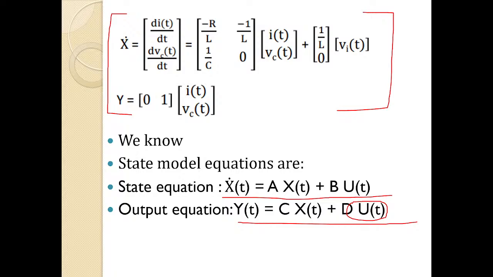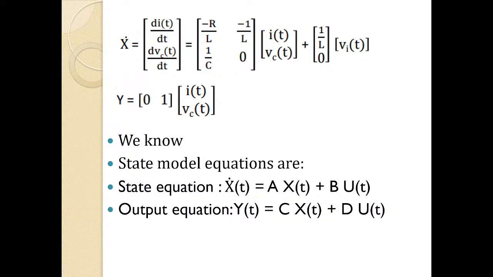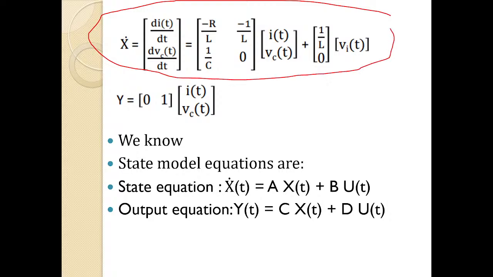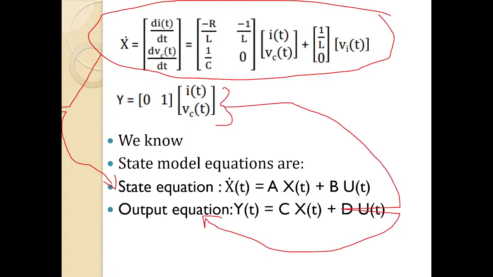Now what is the coefficient of these state variables? This is the coefficient of the input. This is the coefficient of the state variable for your output equation. Whatever you have got here, this is our state equation, and this is our output equation.